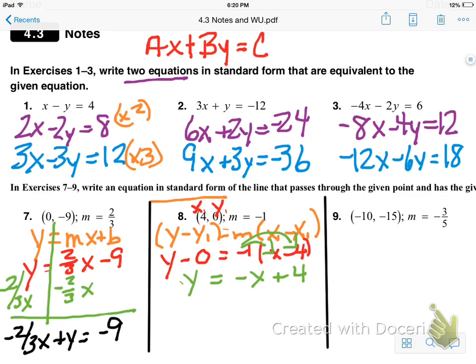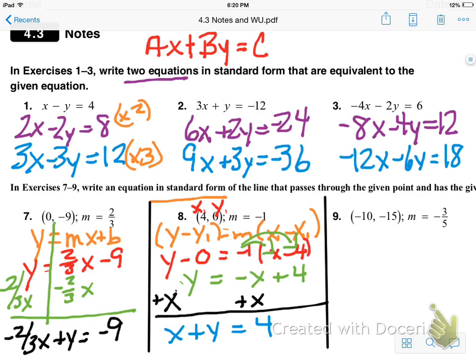So right now I have it in slope-intercept form, but I need to write it in standard form. The x needs to be on the left, so I'm going to add x to both sides. So my final answer for this one's going to be x plus y equals 4. And there's our standard form answer for number 8.